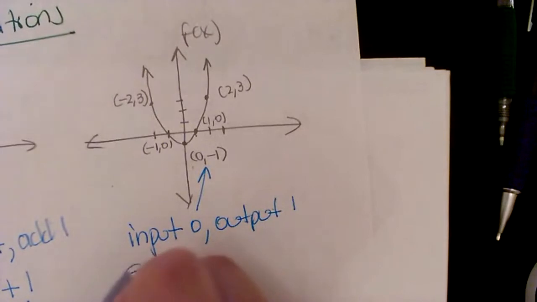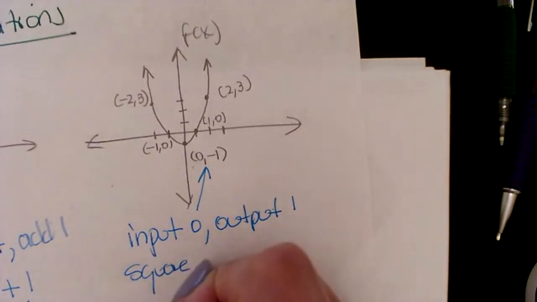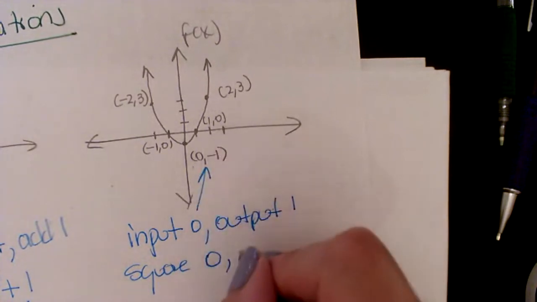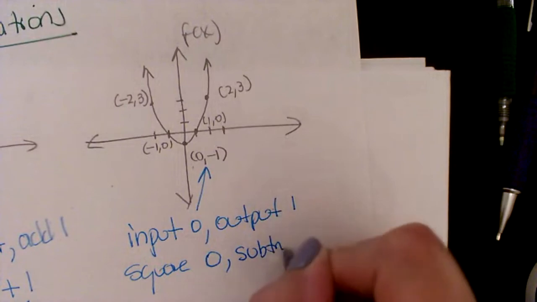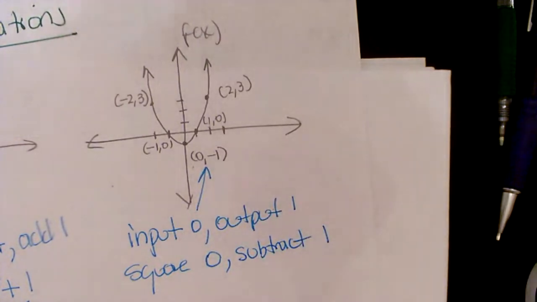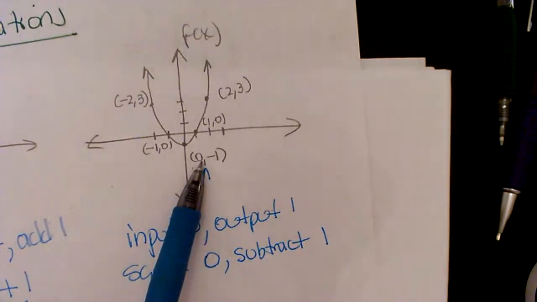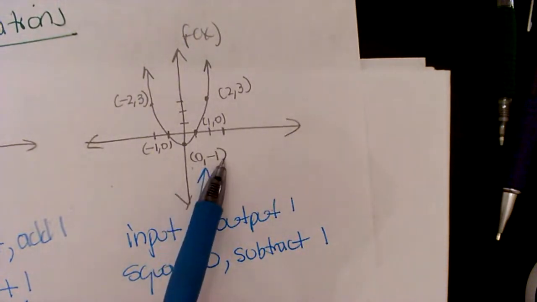Right, so then we're going to square 0, and what are we doing? Subtracting 1. So on this one, we square the 0 and we subtract 1. That's why it's negative 1.